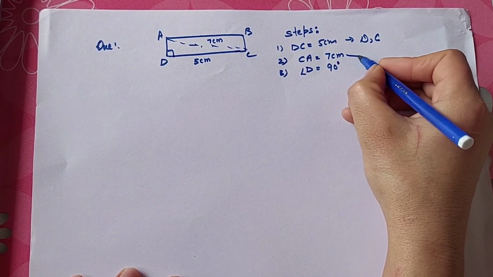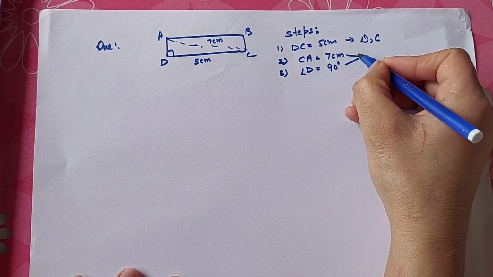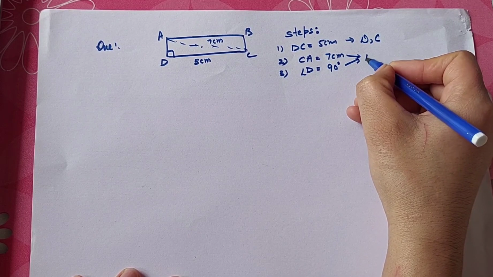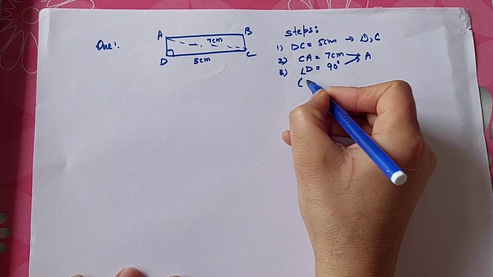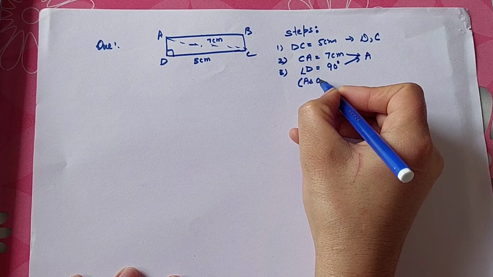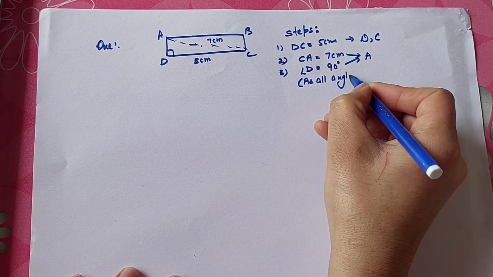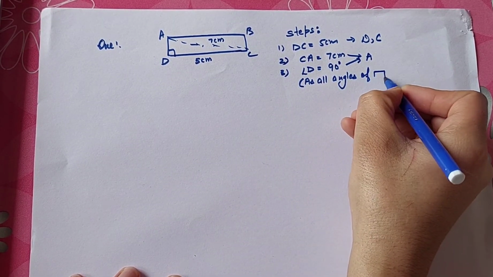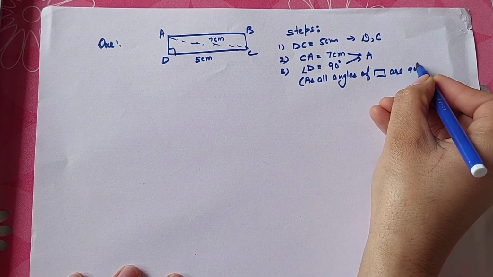So they will collectively give you point A. Here you can mention the reason as all angles of a rectangle are 90 degree.